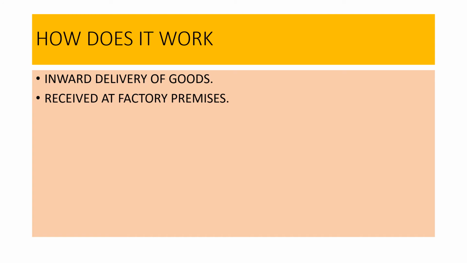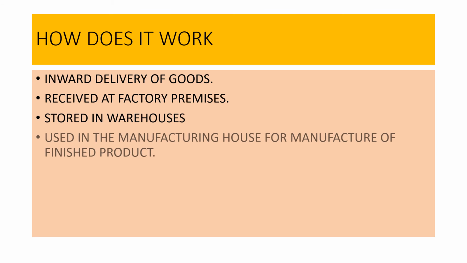How does it work? First, inward delivery of goods. First, the goods, the raw materials, are delivered, then they are received at the factory premises. After receiving, the goods are stored in the warehouses, and from the warehouse they get transferred to the manufacturing house.